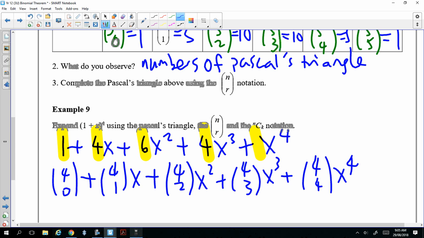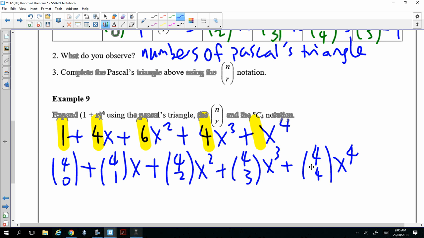And immediately you will recognize that there's a connection between this number and the powers of x. That gives a convenient system of working out a specific term, because there's a direct connection between the numbers at the bottom and the powers of x.